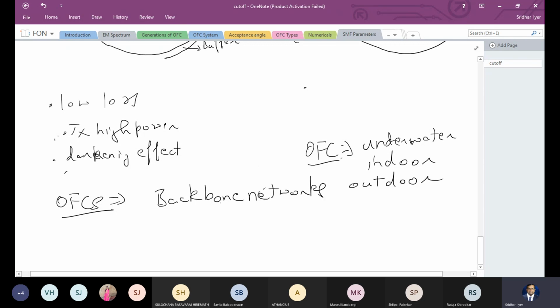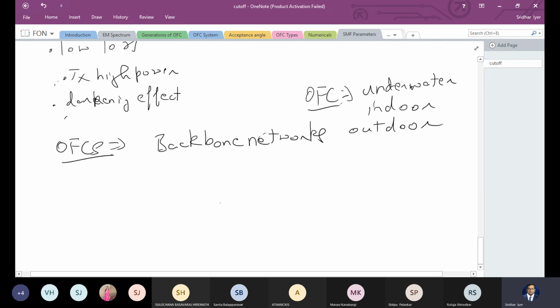Right? So very quickly, what this backbone network would mean, this would mean this. So let's say you have an office here, right? So for this office to get connection, let this be an antenna and it gives all the signal. This is your Wi-Fi, right? But the Wi-Fi is not going to be able to give us that much bandwidth.